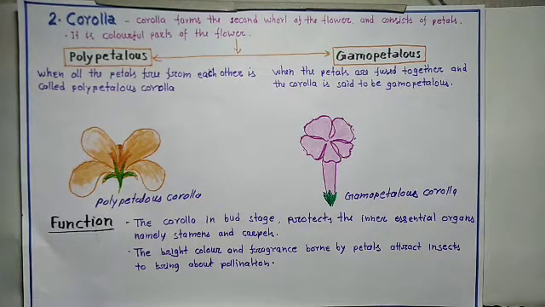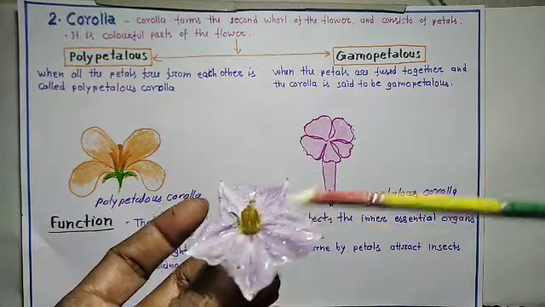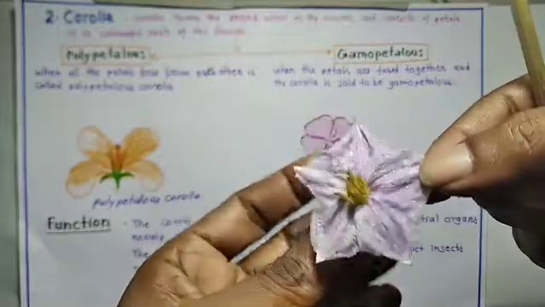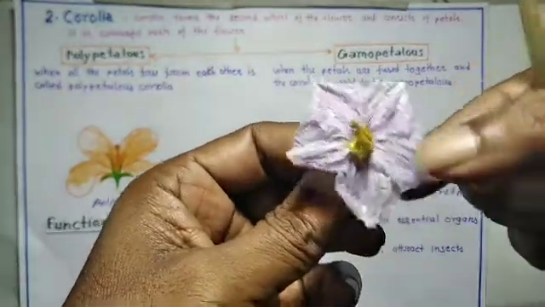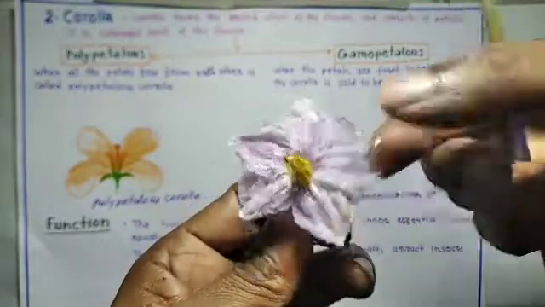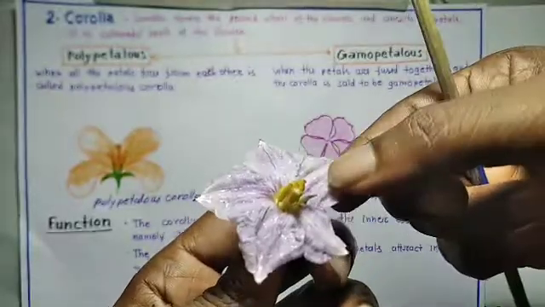Now gamopetalous. When the petals are fused together, this is called gamopetalous. You can see here this is a flower of brinjal. You can see all the petals connected to each other. So this is called gamopetalous corolla.